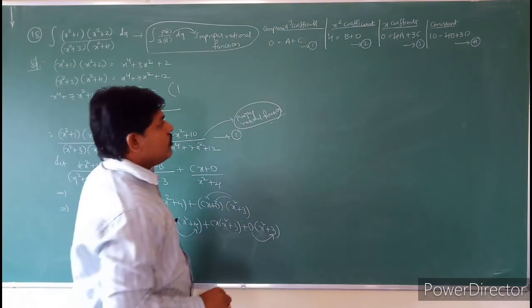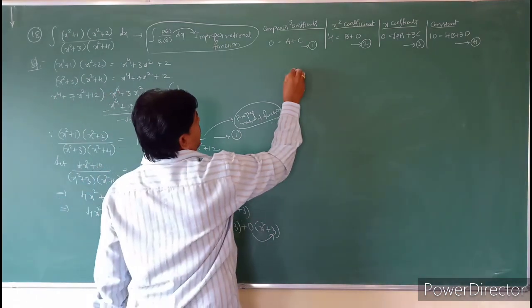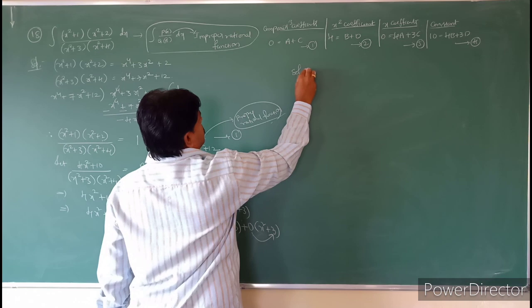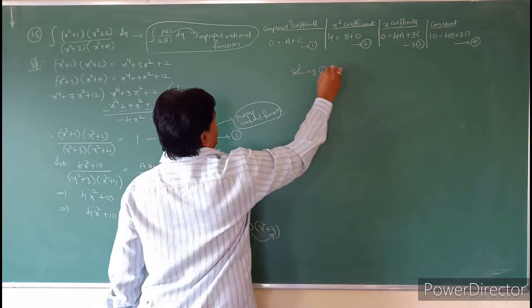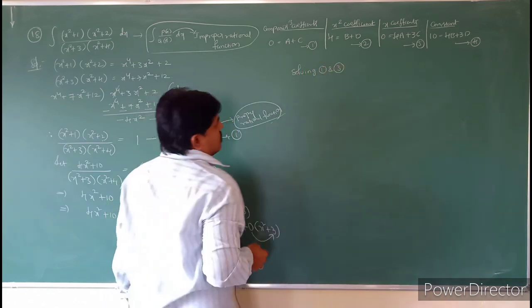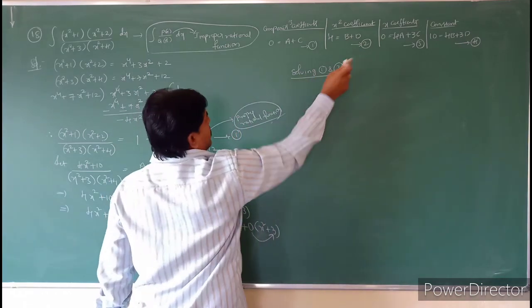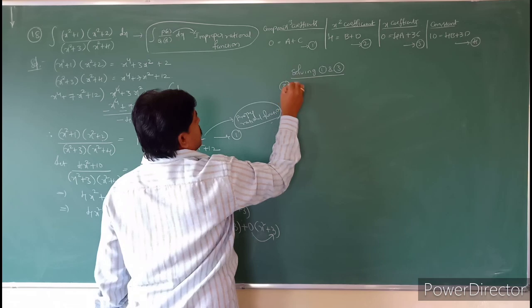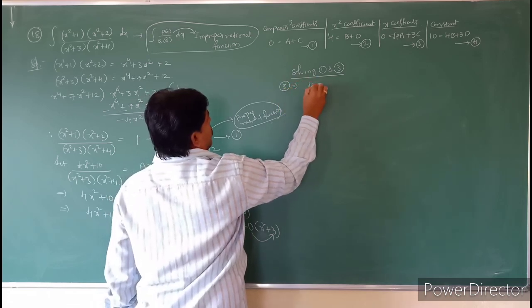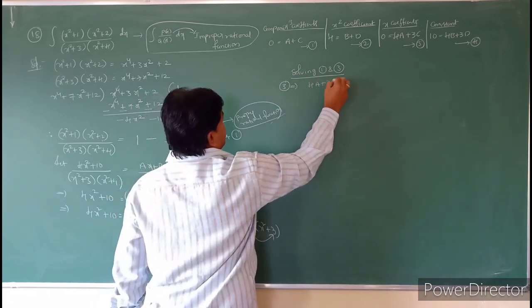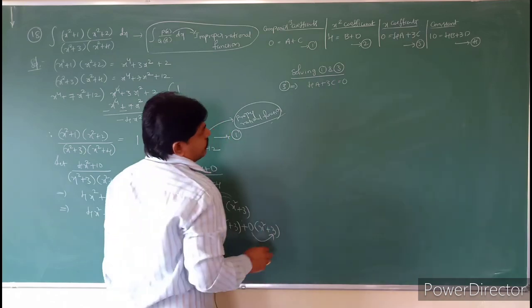So first I will do solving 1 and 3. Solving 1 and 3. So equation 3 implies 4a plus 3c is equal to 0.